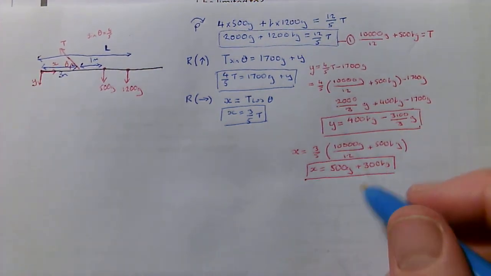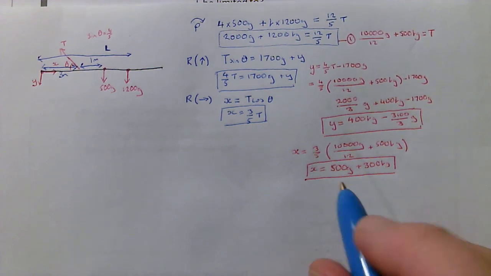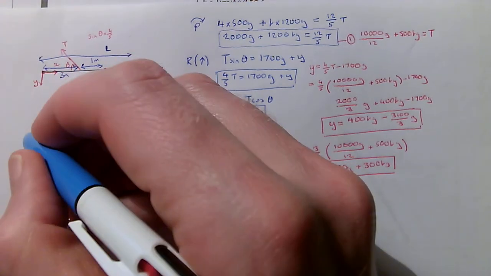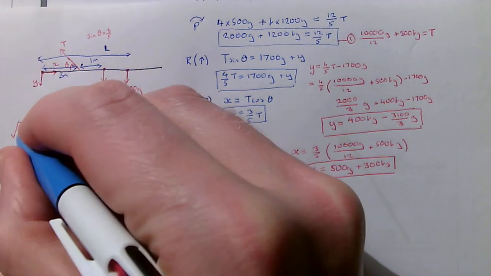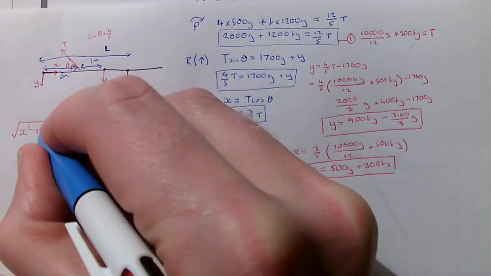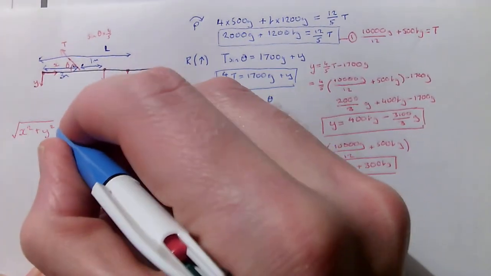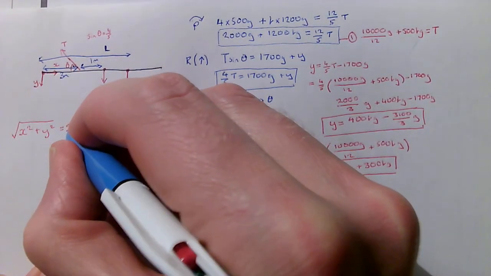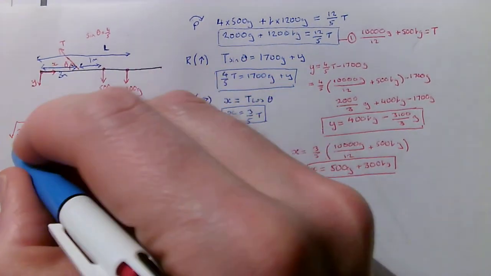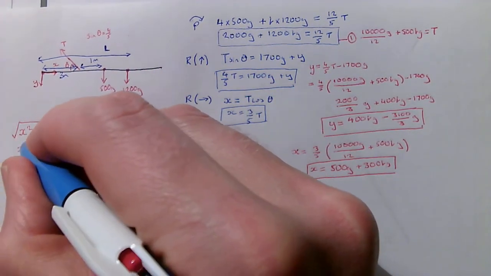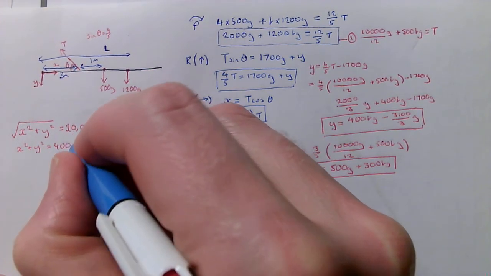Now, we know that the magnitude of the force has got to be less than 20 kilonewtons. So I know I'm going to start up here because this starts to get complicated. The square root of x squared plus y squared, we're going to keep it as an equality just to make it easier for the moment, equals 20 kilonewtons, which is 20,000 newtons. So squaring both sides gives me x squared plus y squared equals 400 million.